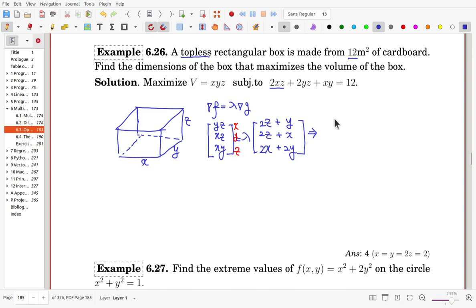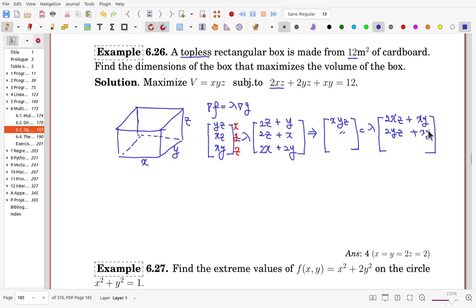Okay, we'll do that. By multiplying by x, we have xyz equals lambda times, for the first one, 2xz plus xy. For the second one, we multiply by y, then it's the same, and lambda times 2yz plus xy.